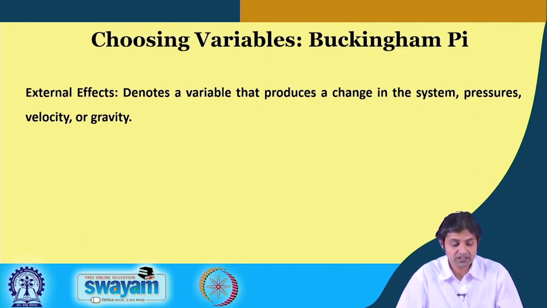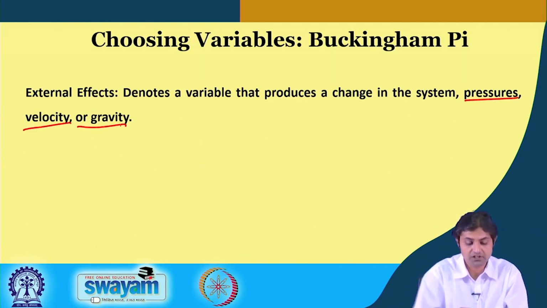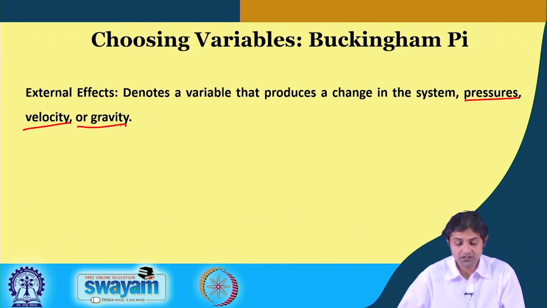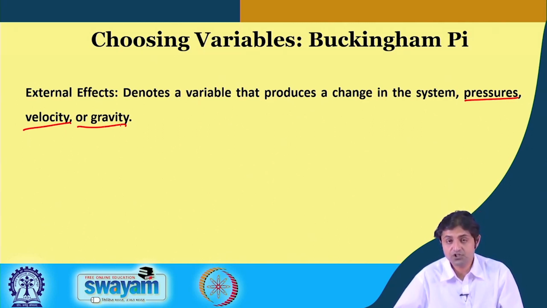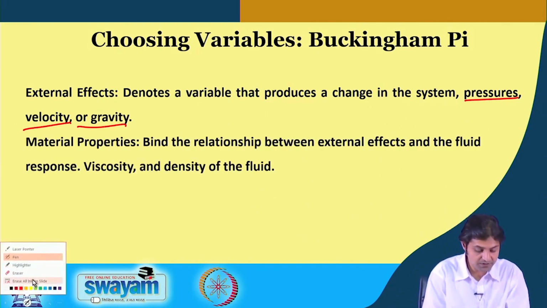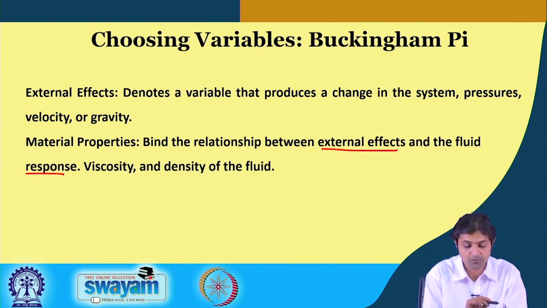External effects, what are external effects? External effects denote a variable that produces change in the system, like pressure, velocity or gravity. What are material properties? Material properties bind the relationship between the external effects and fluid response.